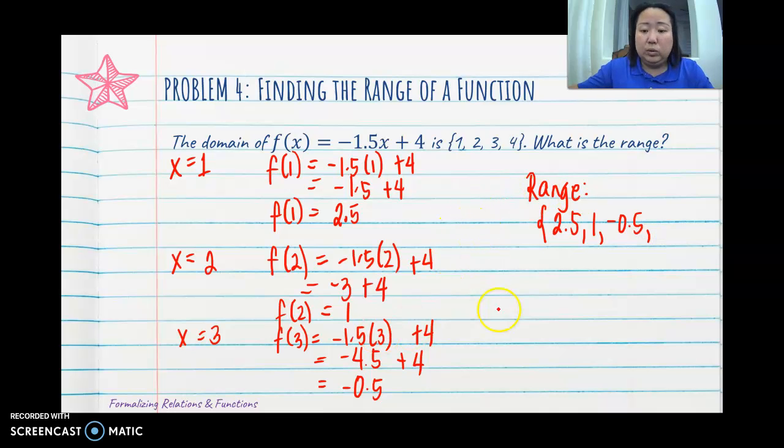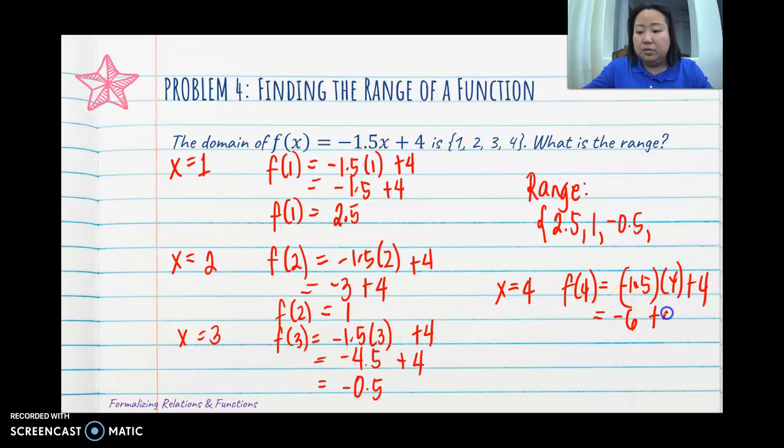And then the last one: if x is equal to 4, that's your last domain value, so f of 4 is equal to negative 1.5 times 4, and then you add 4. This is going to be negative 6 plus 4, and so f of 4 is going to be negative 2. So that is your last range value.